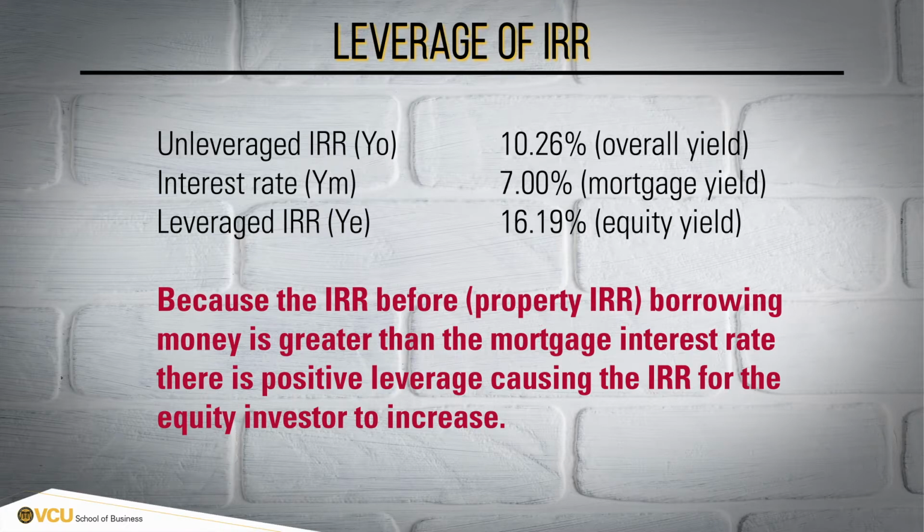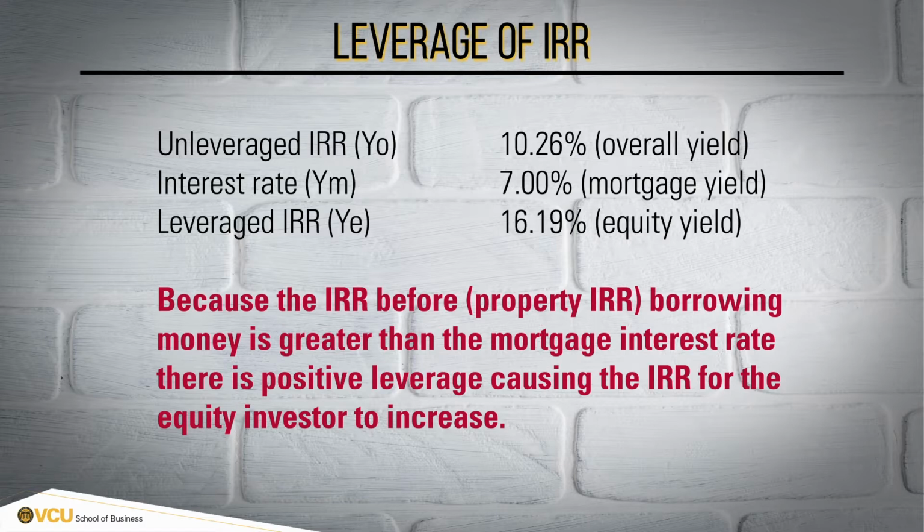There wasn't anything dramatic or hidden in there like points or anything. So that's what the yield to the bank is. So their Y or yield is 7%. The property's yield or Y sub O is 10.26, and our yield is 16.19.